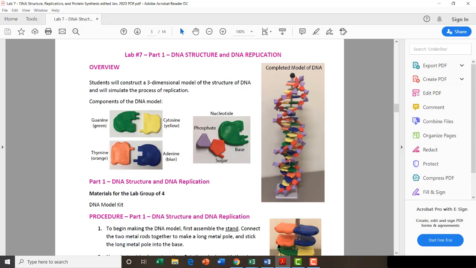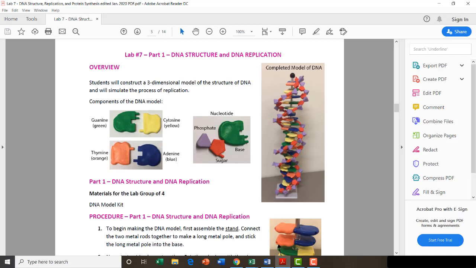How do they connect on the outside is through the sugar phosphate backbone. You can see nicely that the sugar and phosphates bind nicely with each other, and that is through covalent bonds. Okay, that's in the sugar phosphate backbone on the outside of DNA. So those are very important to know, the chemical bonds in DNA, and also how do they connect to one another, okay?